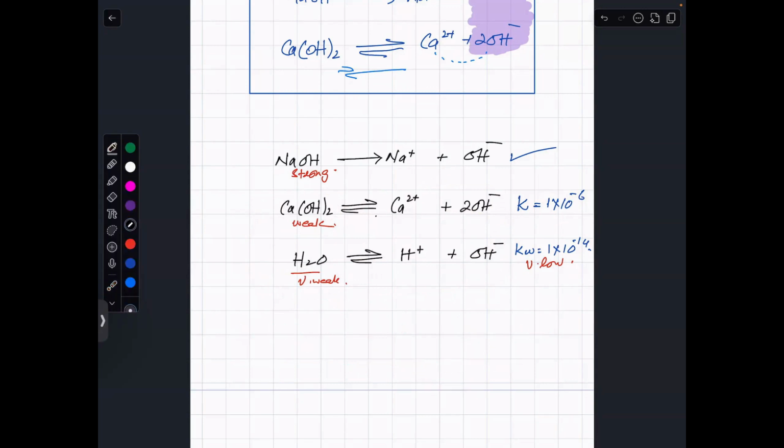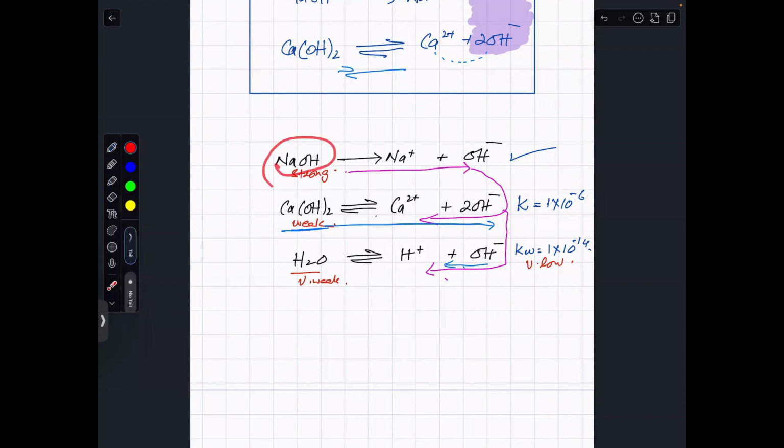So NaOH will increase OH and it will suppress calcium hydroxide. But if I take calcium hydroxide, it will suppress water only. So in the presence of NaOH, both will be suppressed from ionization. Calcium hydroxide cannot suppress NaOH, but it can suppress water. Right? So they suppress the ionization, but they can't change the value of these constants.